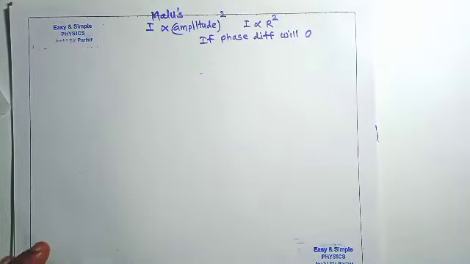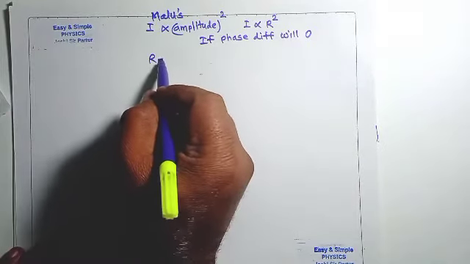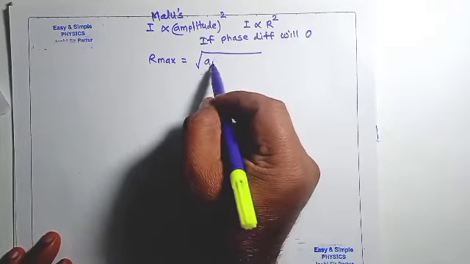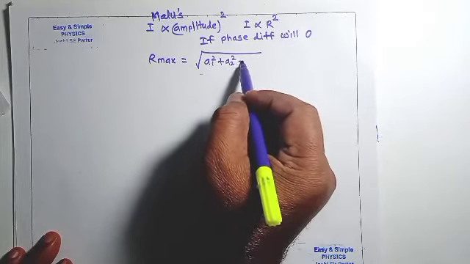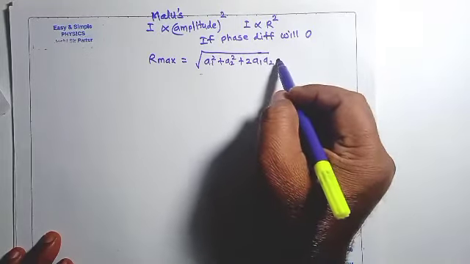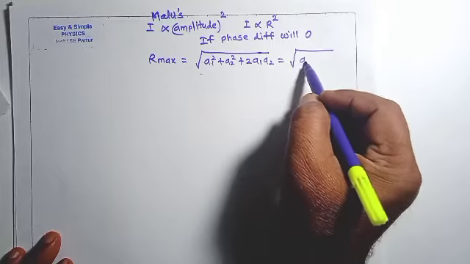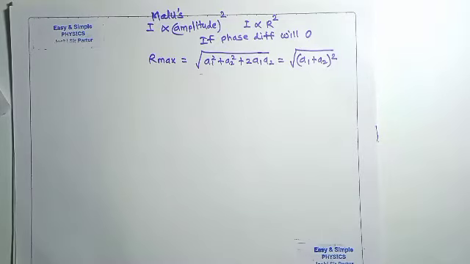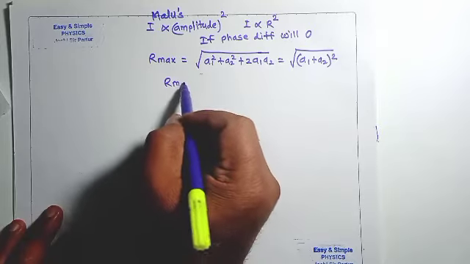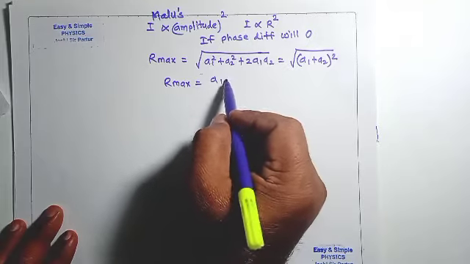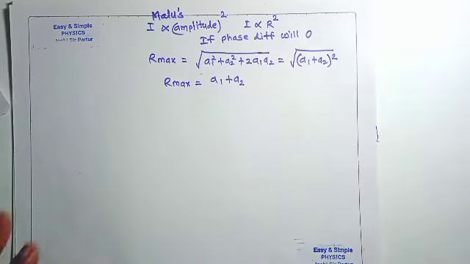Cos 0 is 1, then we say that the maximum resultant amplitude will be square root of a1 square plus a2 square plus 2 times a1 a2, meaning square root of a1 plus a2 bracket square. So we say that r maximum, or resultant amplitude maximum, will be a1 plus a2.